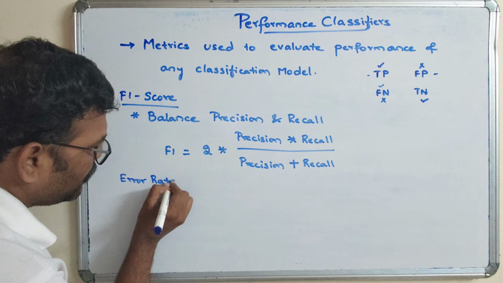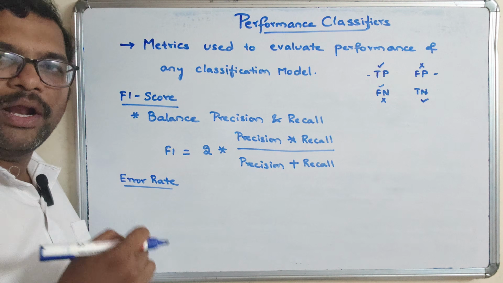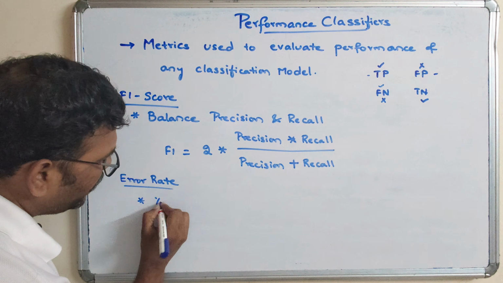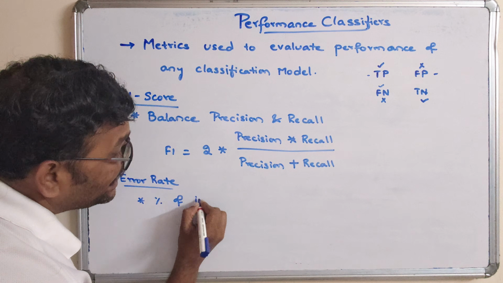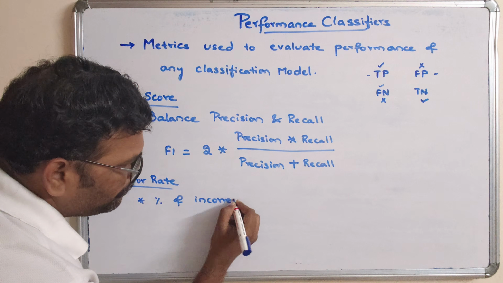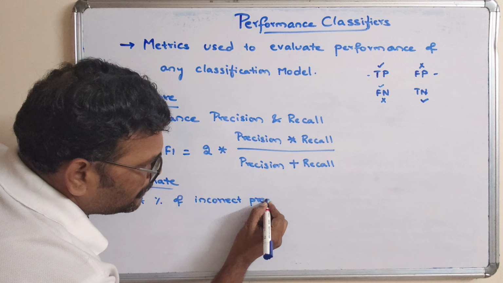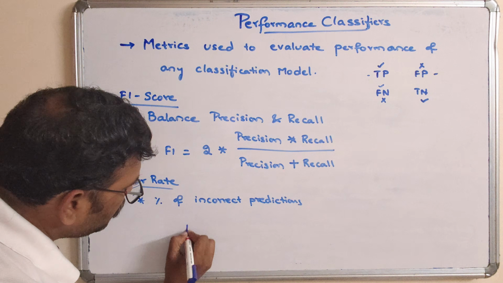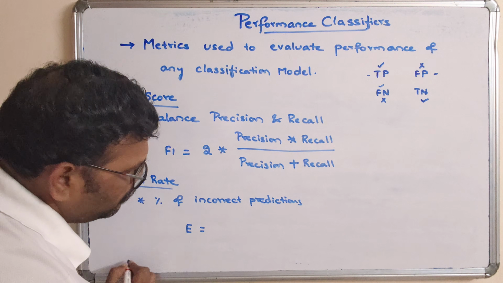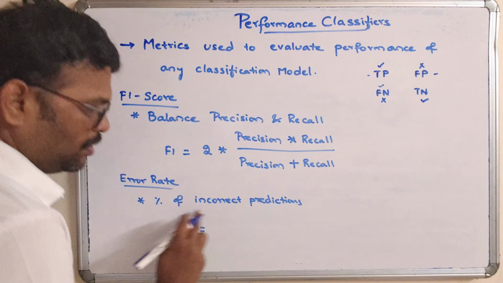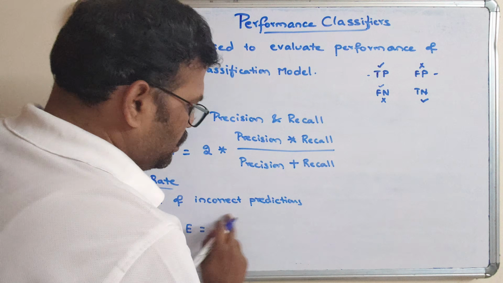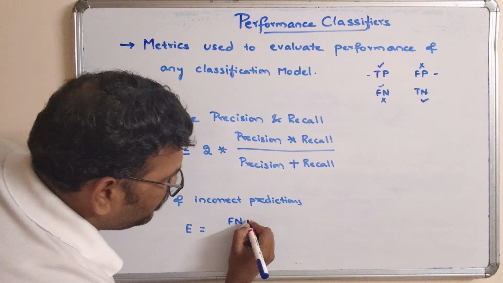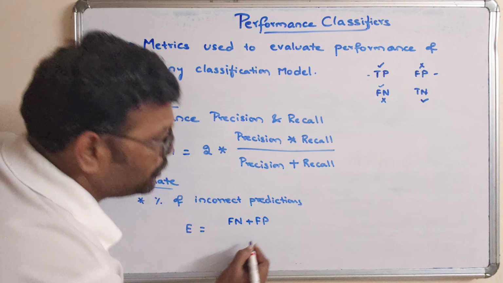error rate. Error rate is nothing but 1 minus accuracy. So that means finding out the percentage of incorrect predictions. So error rate is equal to how much? Incorrect predictions means false negative plus false positive.